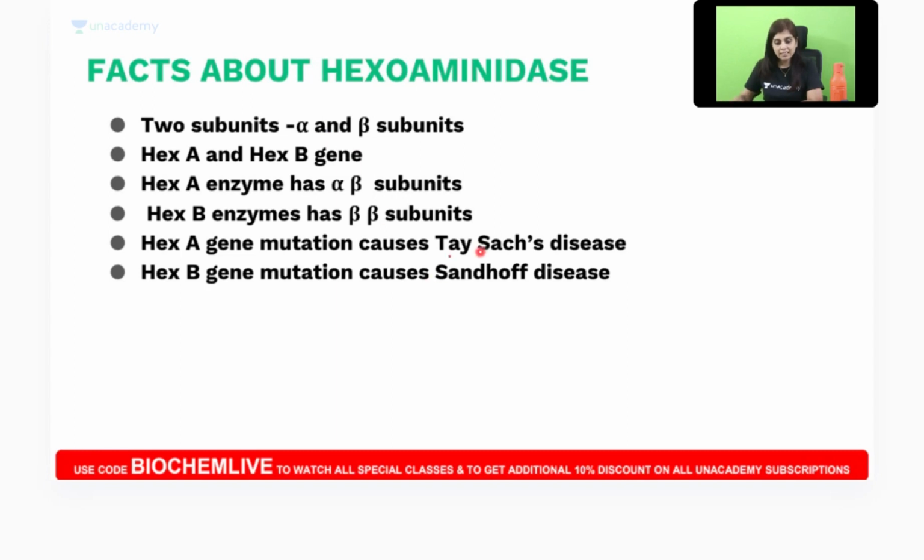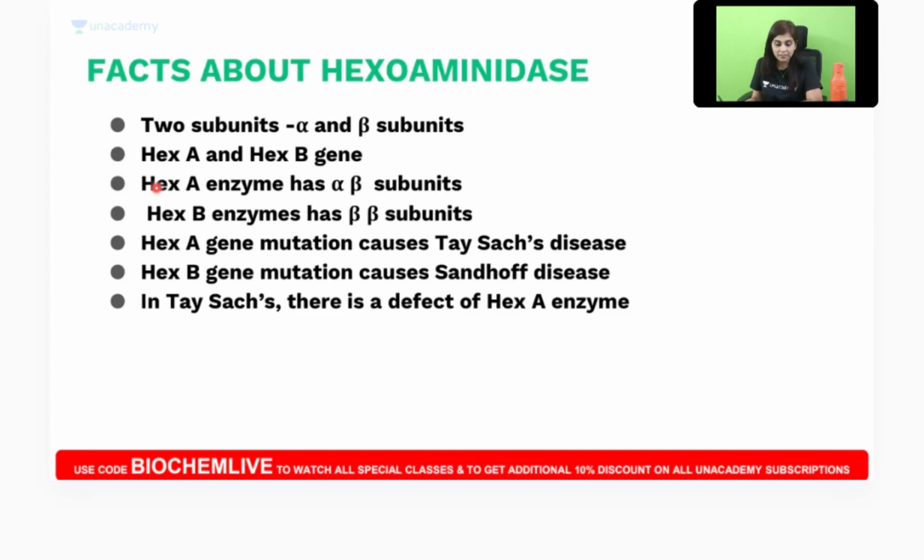Now tell me, in Tay-Sachs, when hexosaminidase A gene is defective, alpha subunit is going to be defective. When alpha subunit is defective, which enzyme will be defective? Hexosaminidase A enzyme alone will be defective in Tay-Sachs. Do you all understand this? So in Tay-Sachs, hexosaminidase A enzyme alone is defective.